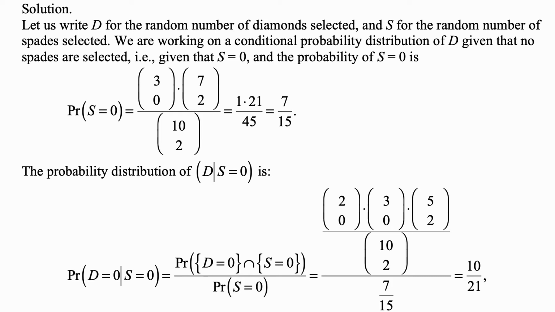So the probability that D is 0, given that S is 0, is the probability that we have 0 diamonds, 0 spades, divided by the probability of having 0 spades. And 0 diamonds, 0 spades, that's 2 choose 0, times 3 choose 0, times 5 choose 2. We have to choose the remaining 2 cards from the 5 hearts, divided by 10 choose 2, the total number of outcomes. And once we divide, this comes out to be 10 over 21.